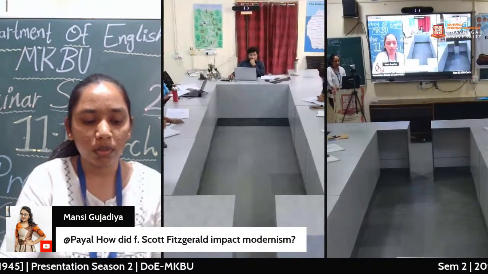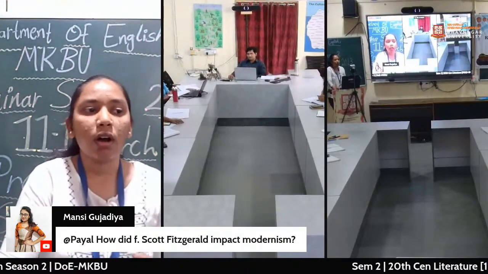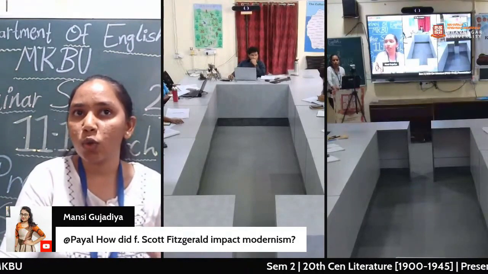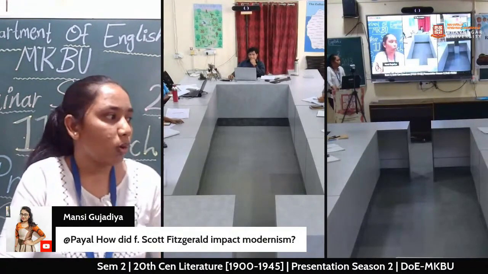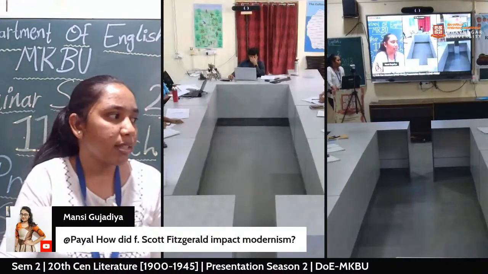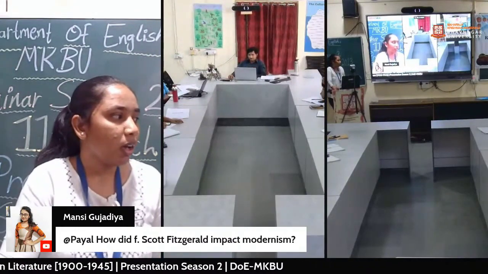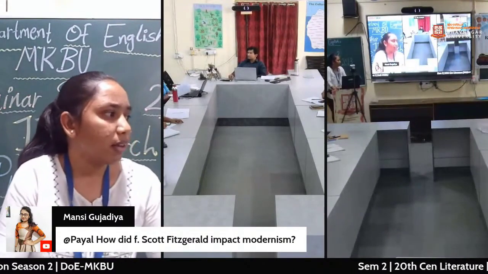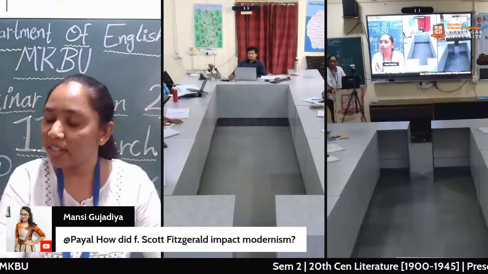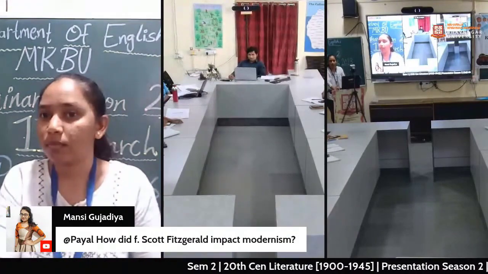We can see it through the techniques and use of symbols in his novels. So the symbols and techniques symbolize modernism. That's why we can say Fitzgerald had an impact on modernism, and modernism had an impact on Fitzgerald.